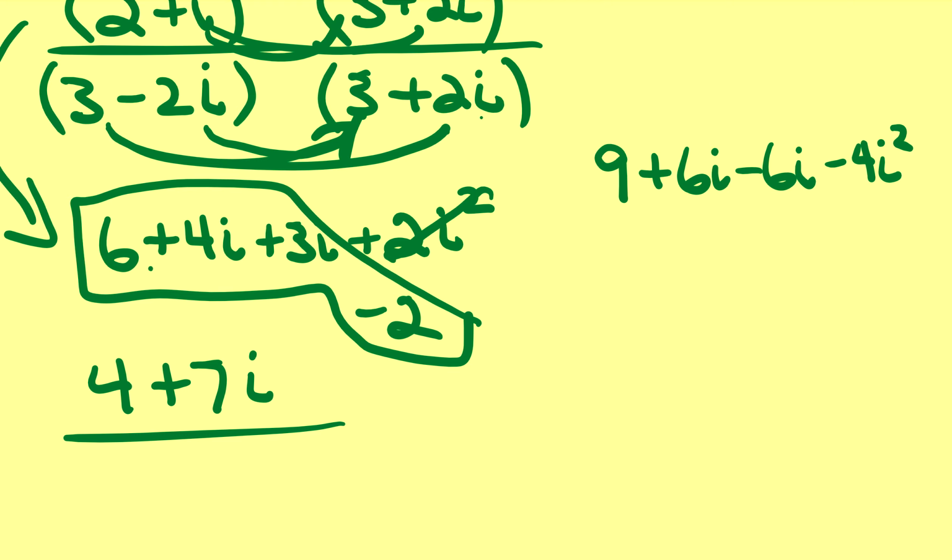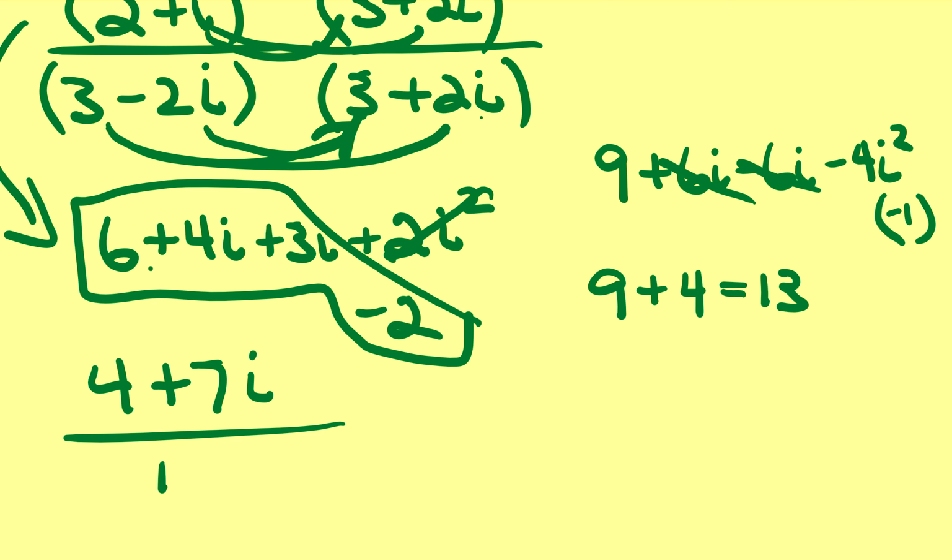And there it is again, that i squared, which is negative 1 times the negative 4, which makes it positive 4. So I'm going to have 9 plus 6i minus 6i cancel each other out, plus 4. And 9 plus 4 is 13. And again, that's my denominator, 13.